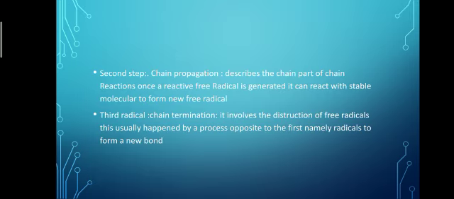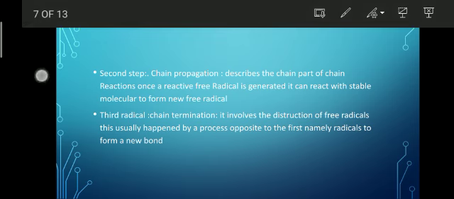Chain propagation describes the chain part of chain reactions: once a reactive free radical is generated, it can react with a stable molecule to form a new free radical. The third step involves the destruction of free radicals, which usually happens by the process opposite to the first, namely radicals combining to form a new bond.